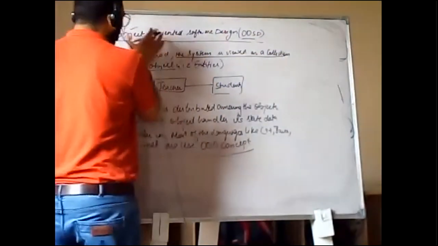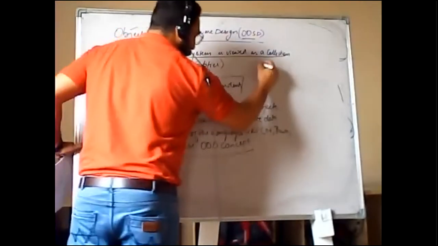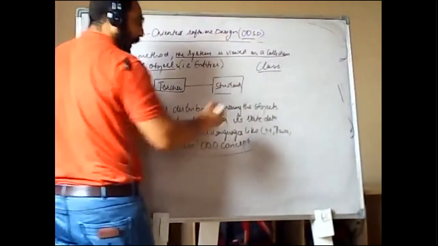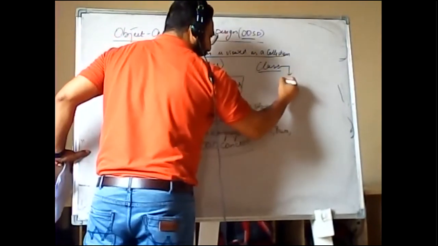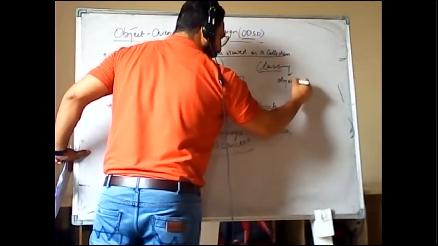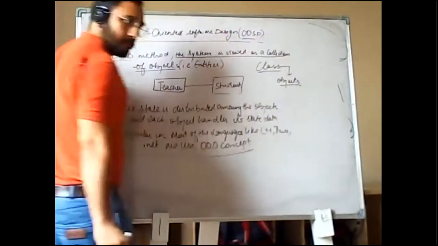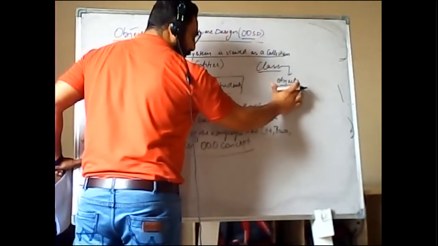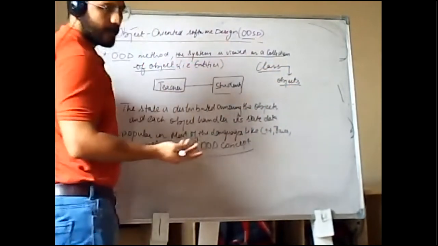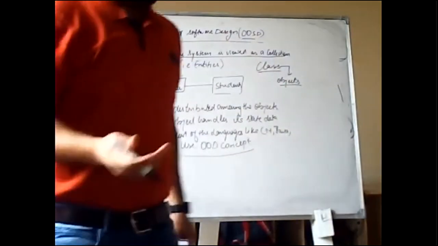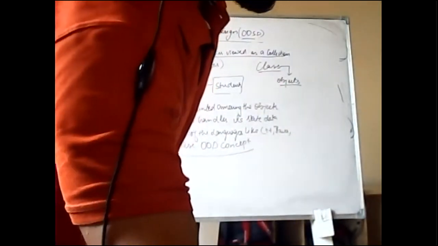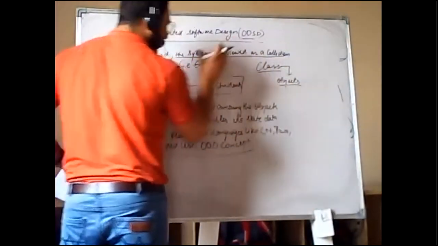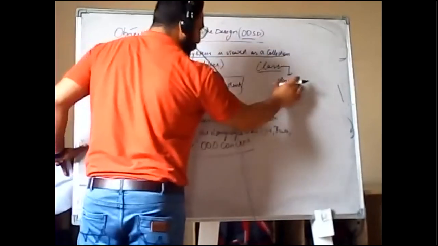In the object oriented concept, there is the concept of a class. This class has instances, and those instances are the objects, which we have studied in our OOPS concept. What is a class? A class is a collection of objects. In the same way, we will draw class diagrams and object diagrams.